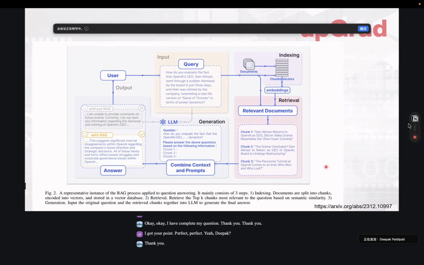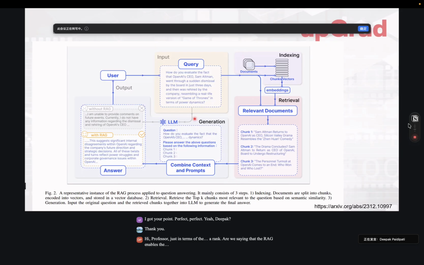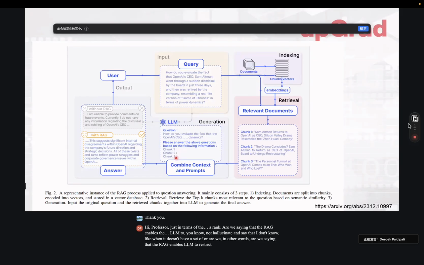Hi, Professor. Just in terms of the RAG, are we saying that the RAG enables the LLM to not hallucinate and say that I don't know when it doesn't have the data? In other words, are we saying that the RAG enables the LLM to restrict its boundaries to a certain set of data which it is going to search from?